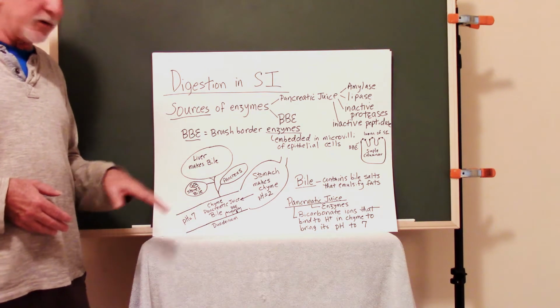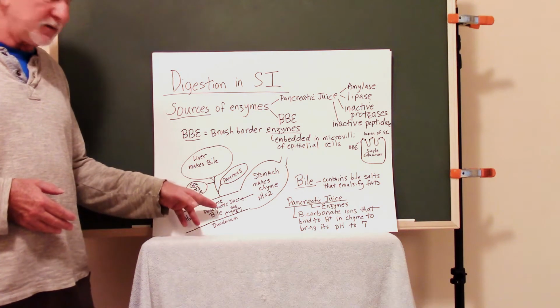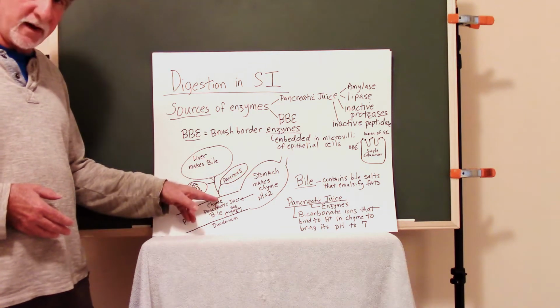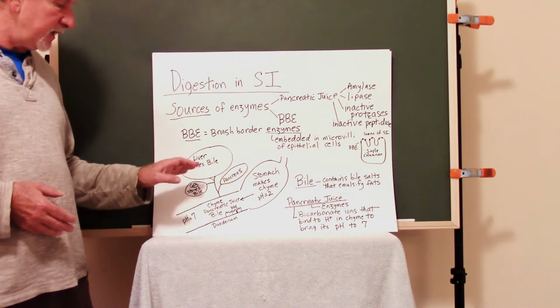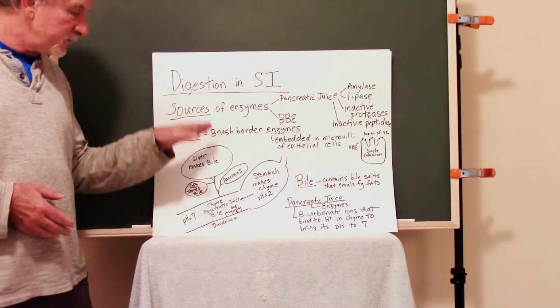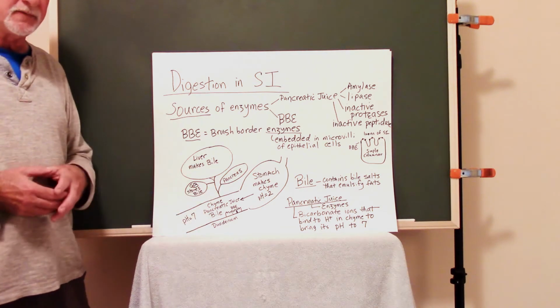The gallbladder empties bile out into ultimately the bile duct where it mixes with the pancreatic juice, and the pancreatic juice from the pancreas and the bile ultimately from the liver, but is stored in the gallbladder, flows into the duodenum of the small intestine.